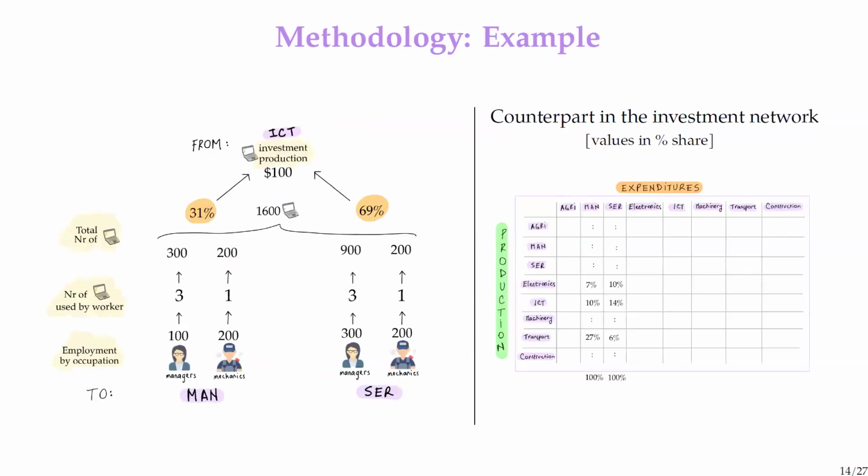Back to the example, given the data availability that we have, we have to assume that managers across countries use the same number of computers, and mechanics across countries use the same number of computers. That doesn't mean that these allocations will be the same across countries, because countries will differ in the occupation distribution within industries, and they will differ in the production of investment by each sector.